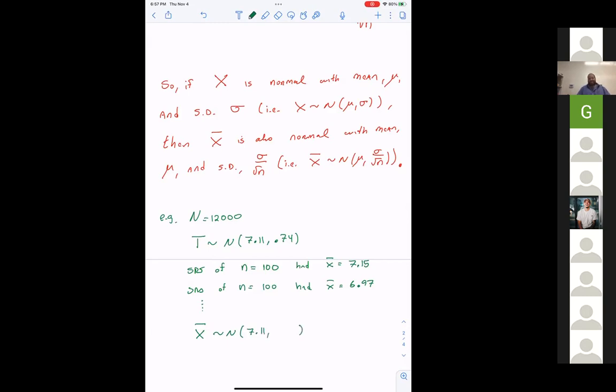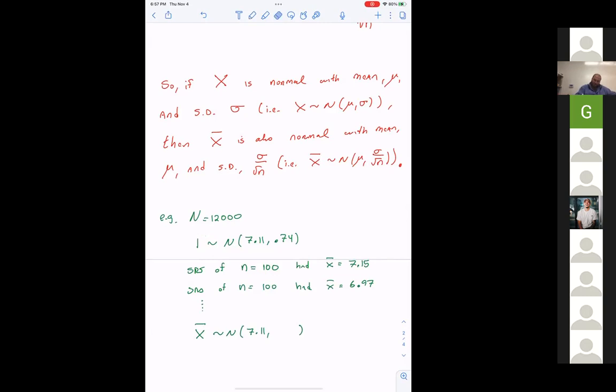And what was the standard deviation for X bar? 1? Not 1. 0? Well, if the standard deviation was 0, that means there's no spread. If there's no spread, then they should all be the same results. And we see here we got two different results. Right? So it can't be 1, it can't be 0. What is the standard deviation of X bar?